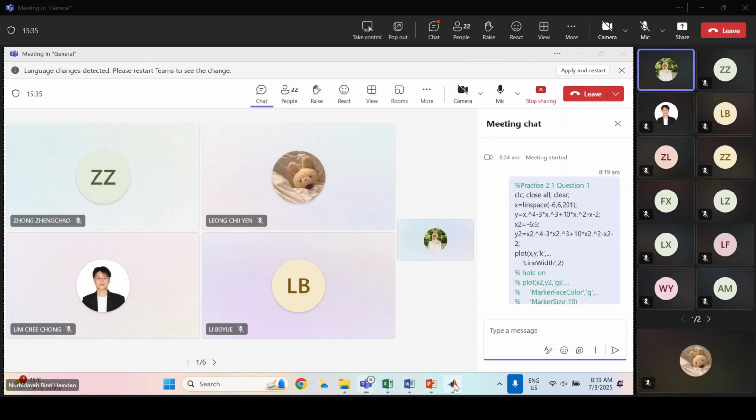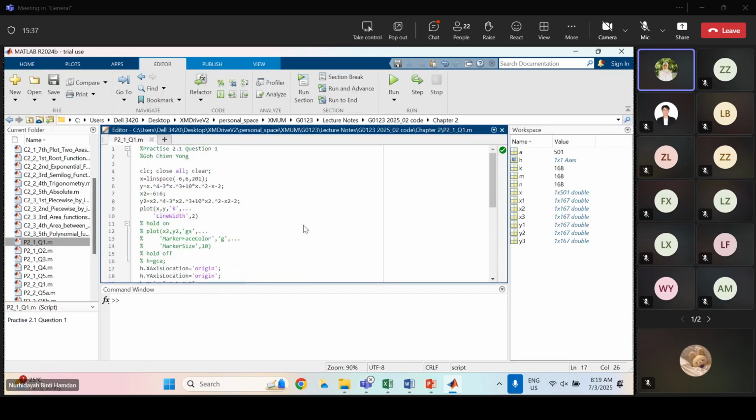I already posted it in Teams. So first I create a linear space, -6 until 6 for 201 values.